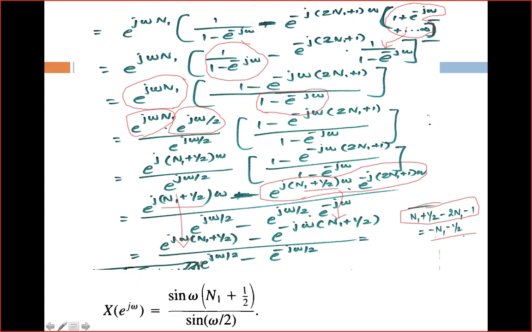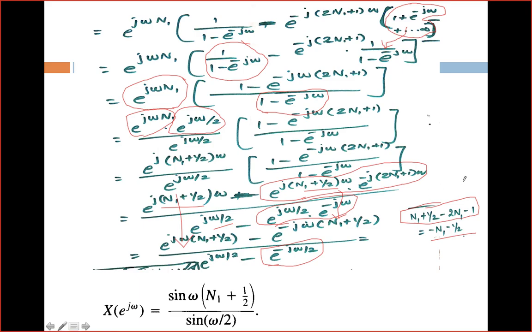I will get e power j omega by 2, and e power j omega by 2 into e power minus j omega, which gives e power minus j omega by 2. Here, this is something like e power j theta minus e power minus j theta.